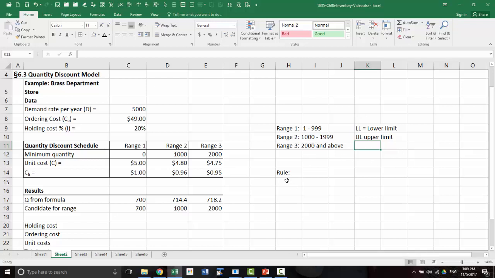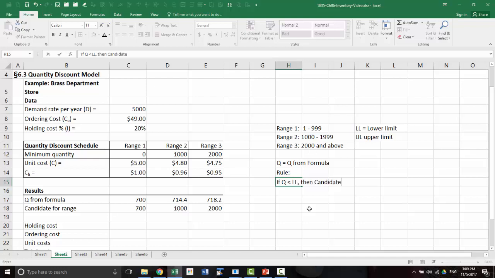Okay. So then the rule that you need to apply is, Q is equal to Q from formula, the formula that you used here to find the Q. The rule is, if Q is less than the lower limit, then candidate is equal to the lower limit.